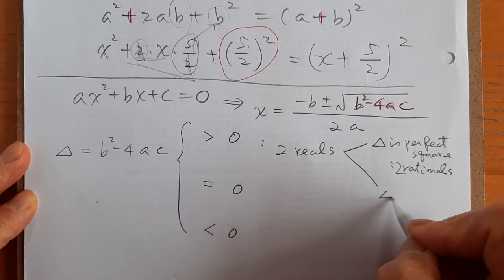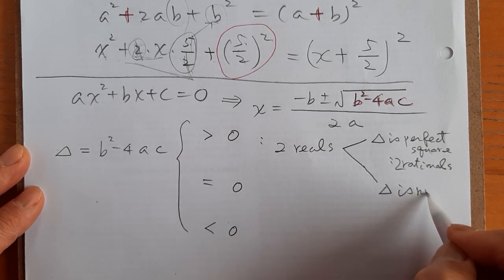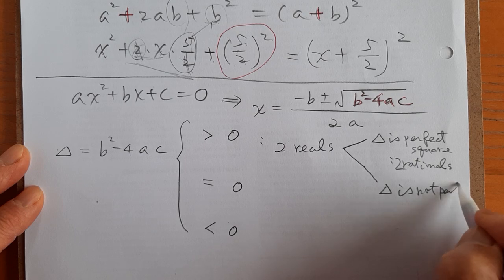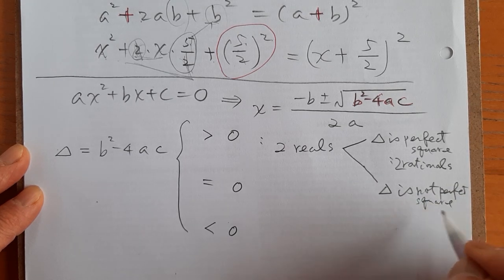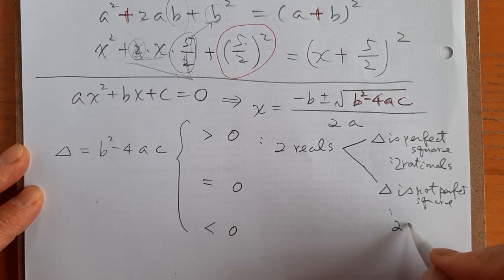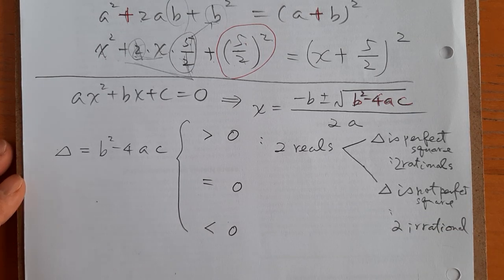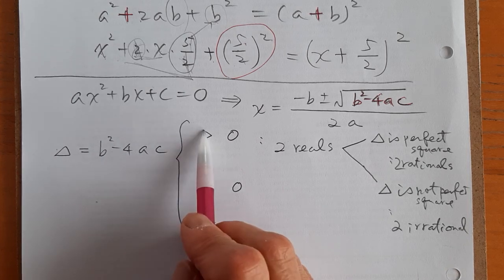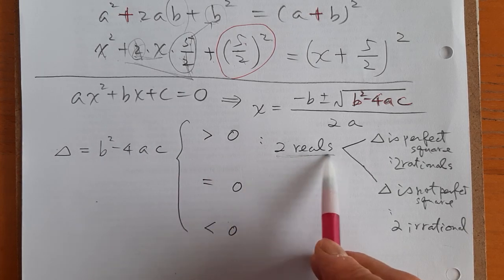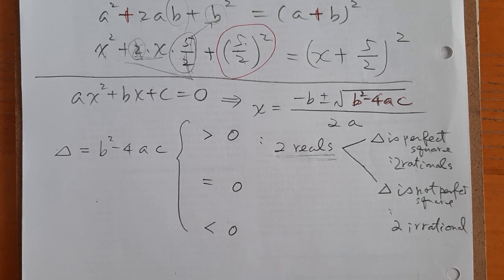If b squared minus 4ac is not a perfect square number, then there will be two irrational solutions. So if delta is positive, then there are two real numbers, and real numbers include rational numbers and irrational numbers.